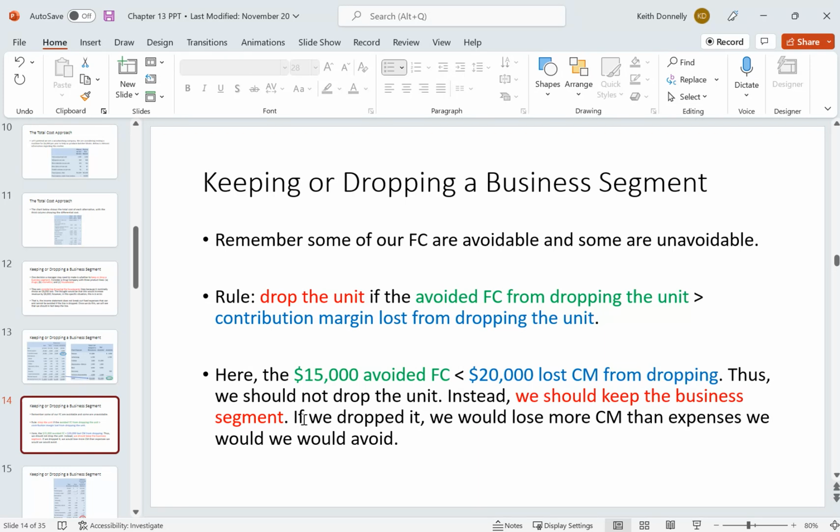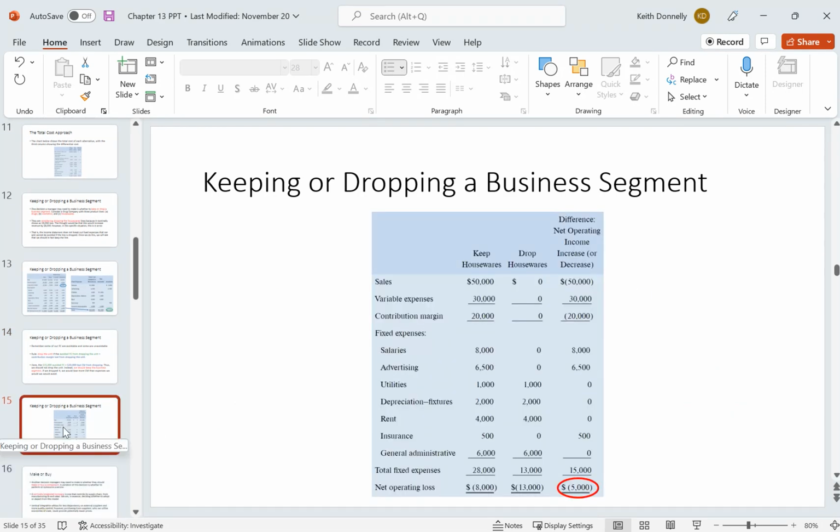In other words, if we dropped it, we would lose more contribution margin than expenses we would avoid. So here's kind of showing the idea with it. If we keep housewares and we drop it, what's the difference? If we drop housewares, some of these fixed expenses over here, we're going to have either way.